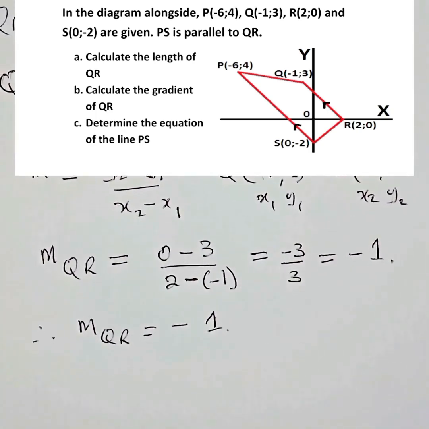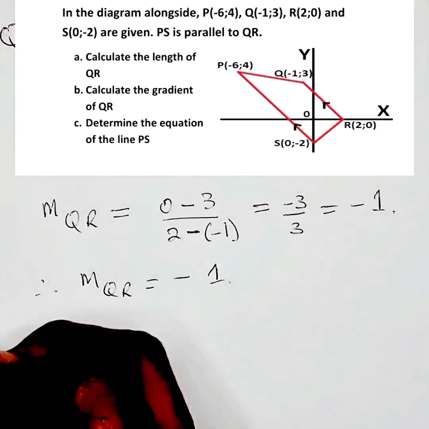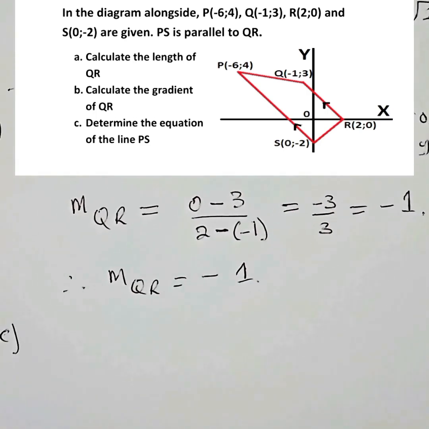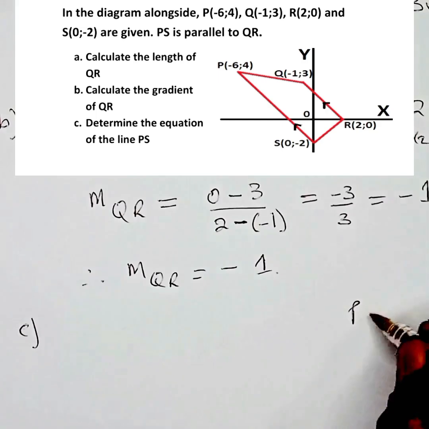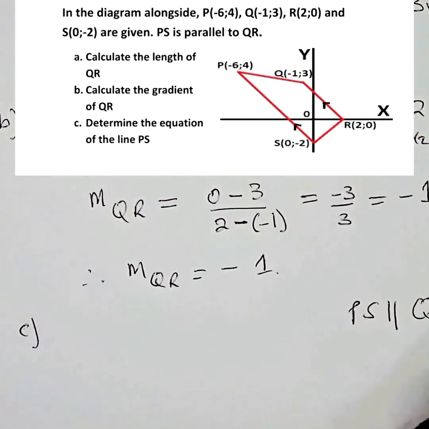Now we are going to do the last part of this question, part C. We need to find the equation of the line PS. We are given that PS is parallel to QR.